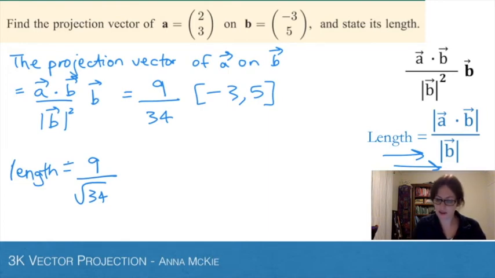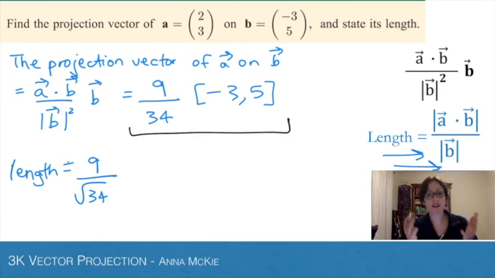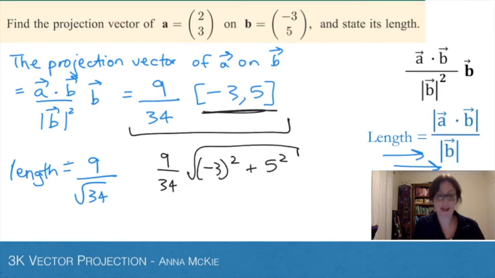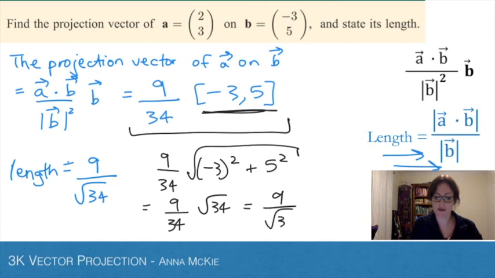Or the other way to think of it is looking at the answer that you got, this projection vector. If you're asked to work out the length of that, you need to use the formula where we work out the length of a vector. I'll just put this scalar out the front, and the length of a vector is where you square each term and take the square root of all that, and that would be equal to the scalar out the front, and it's the square root of 34, and your surd laws would tell you how you could rewrite that, and that's 9 over root 34.